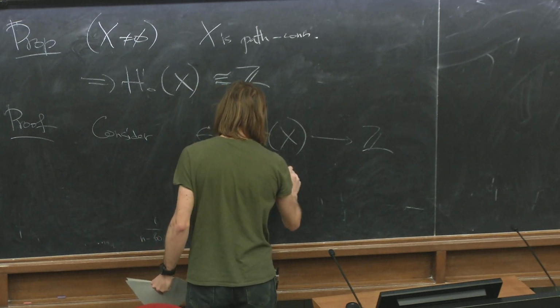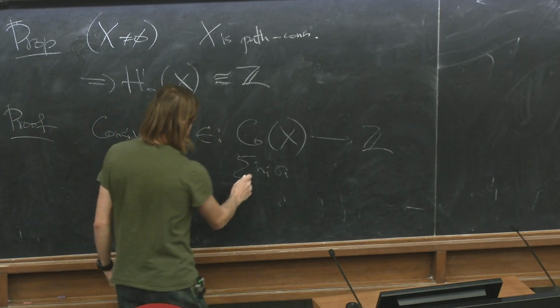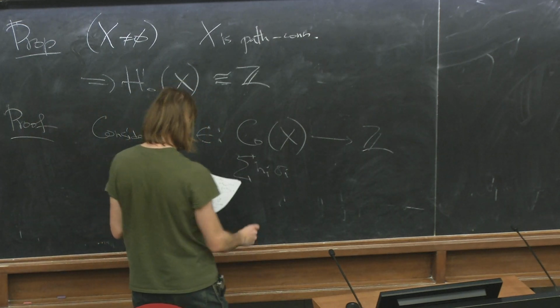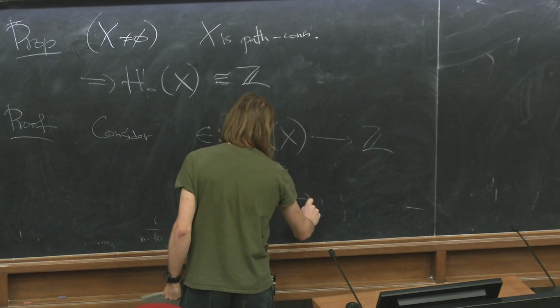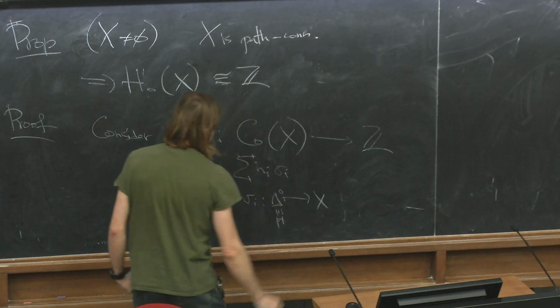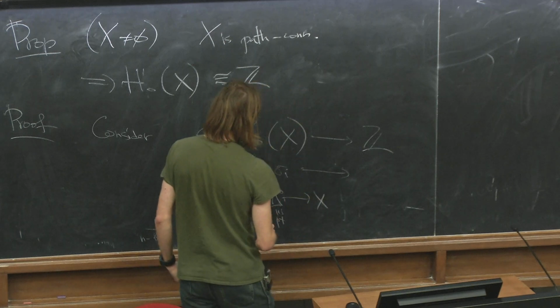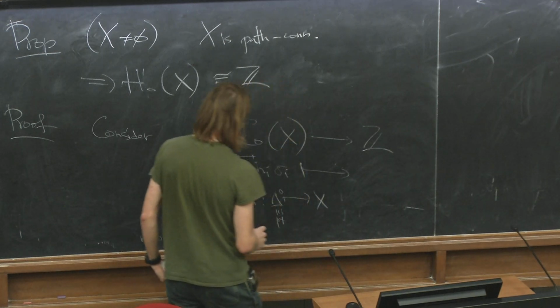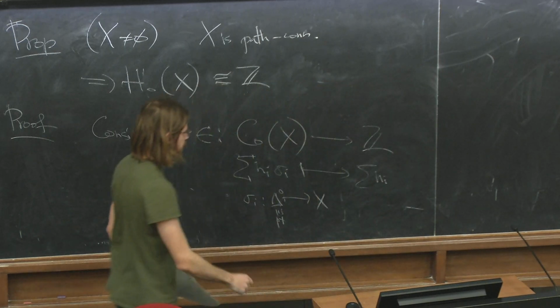An arbitrary element here is a formal linear combination like this, where each sigma i is a map from delta 0 to X, and delta 0 is just a one-point space. And we want this sum to be mapped to just the sum of the coefficients.